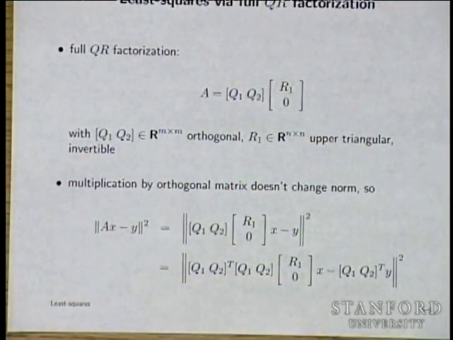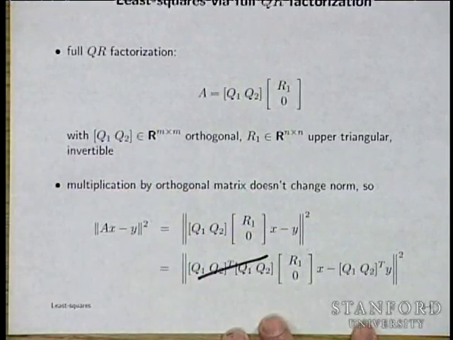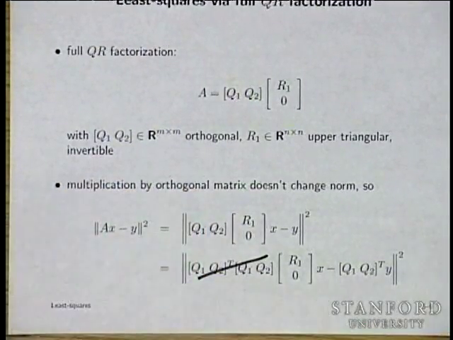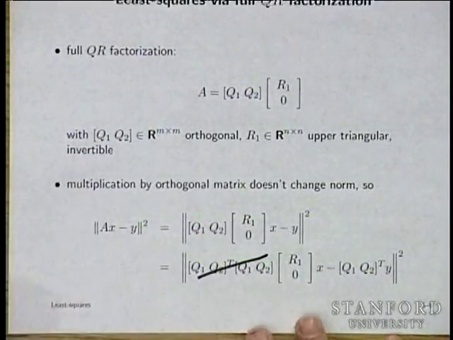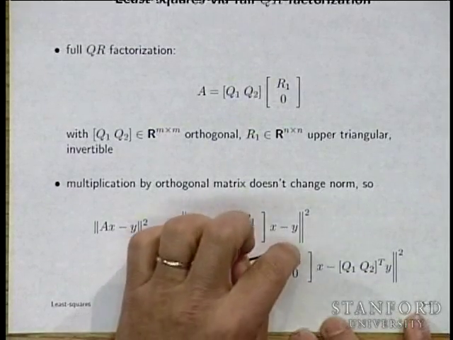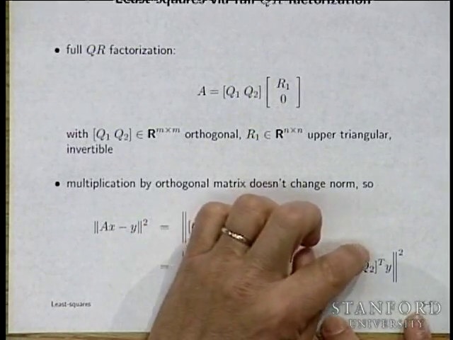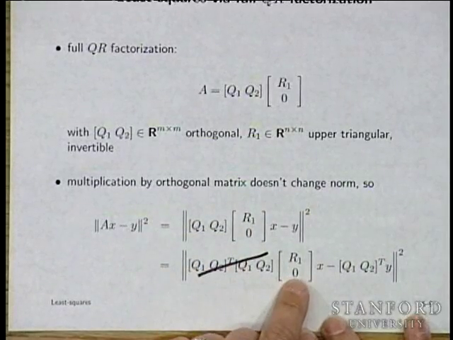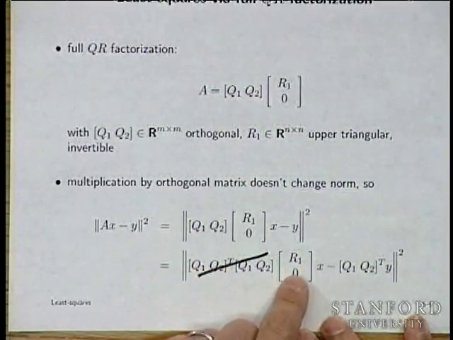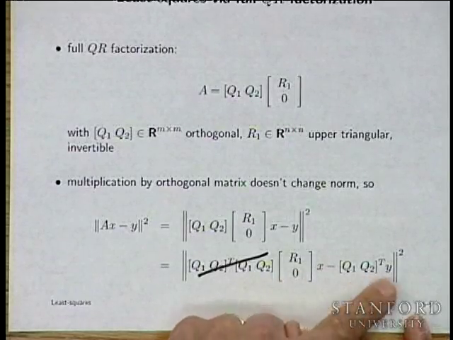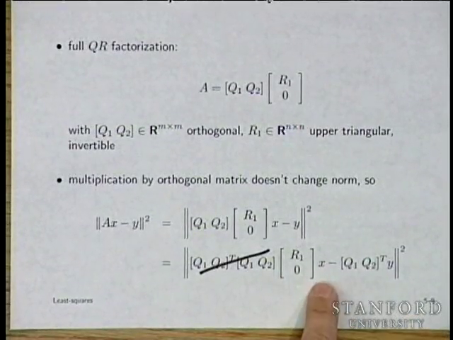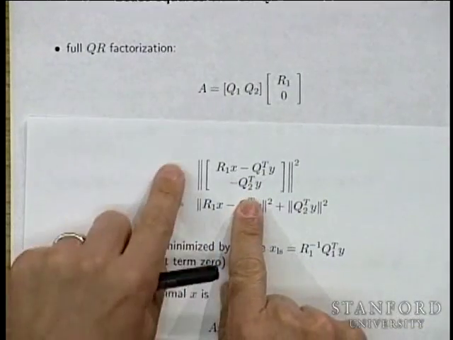So over here I get this. This is the identity because Q1, Q2 is orthogonal. So this is the identity, and I get R1X minus Q1 transpose Y, and the second block entry is 0x, which is 0. It's minus Q2 transpose Y. So this thing is equal to the norm squared of that vector.